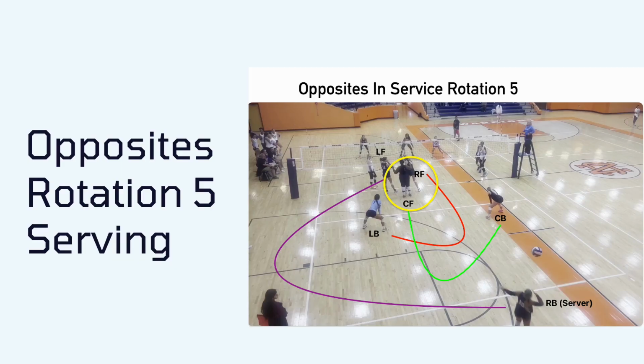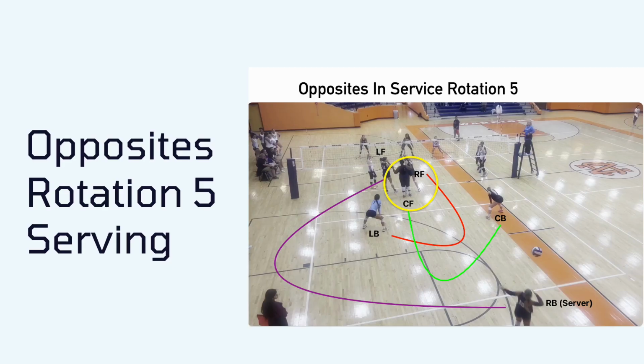We know that the other back row player has to be the server. And since our setter is a front row player and is the middle front, then that must mean the only remaining back row player could be the middle back. So thus we solved the mystery for this particular team in rotation 5 of who our back row players are.